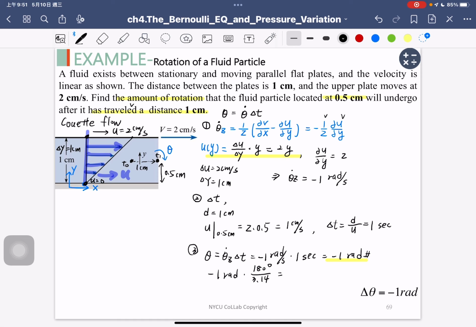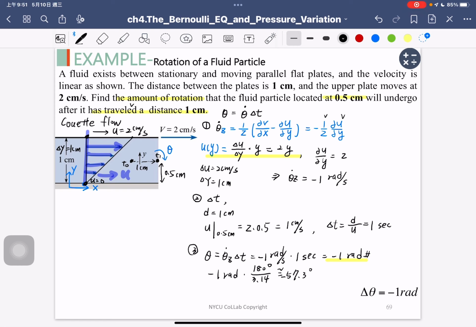Okay, so you use your calculator to compute the rotation angle, which is about 57.3 degrees. So you can convert the radians to a degree angle, with the minus. Okay, so almost 57 degrees rotating clockwise when the point is at 0.5 centimeter and travels a 1 centimeter distance.